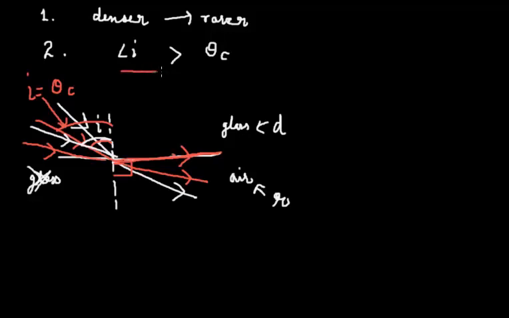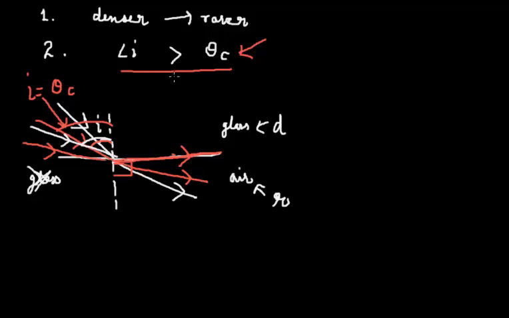If angle I is greater than theta c. So what happens if angle I is equal to theta c? If angle I is equal to theta c, the refracted ray makes a 90-degree angle with the normal and it goes perpendicularly with the normal.